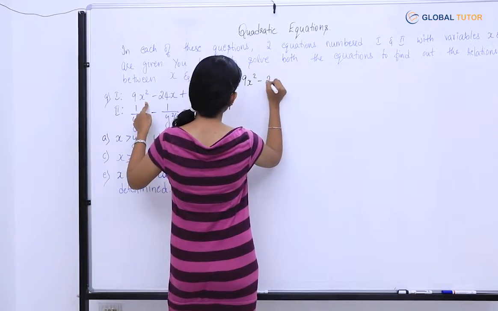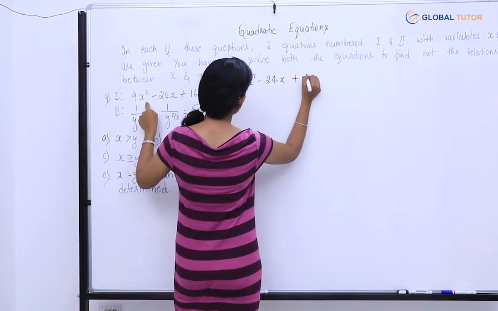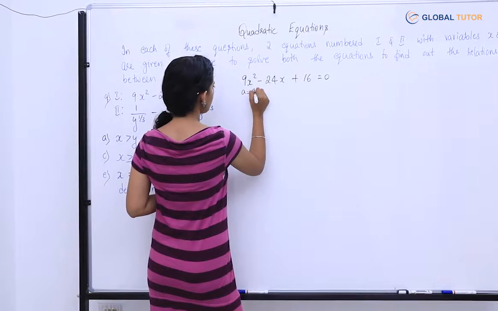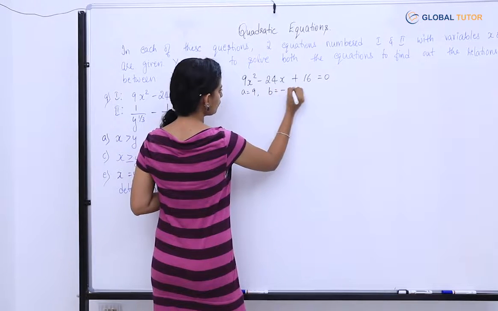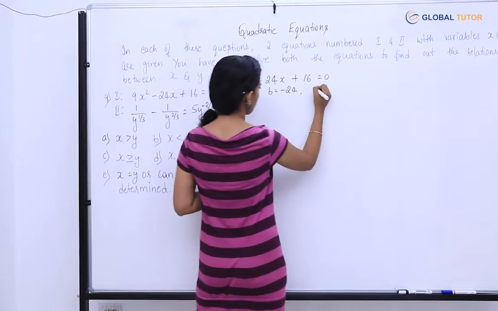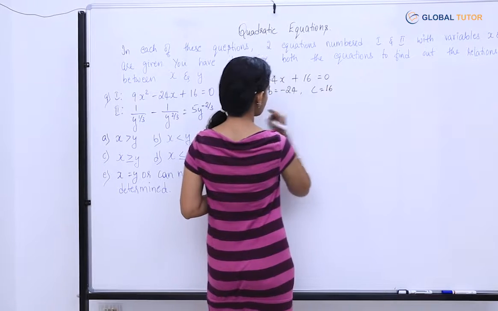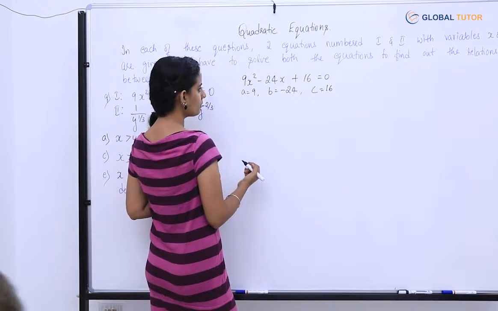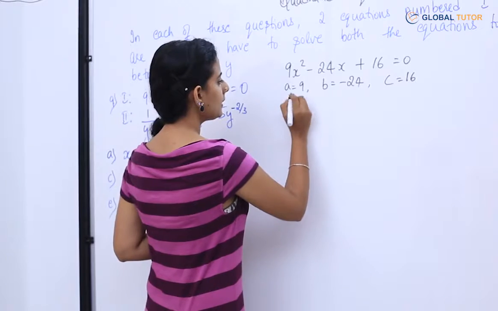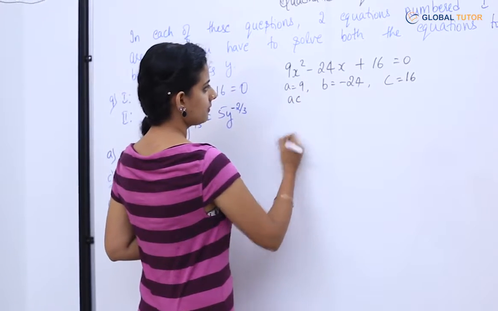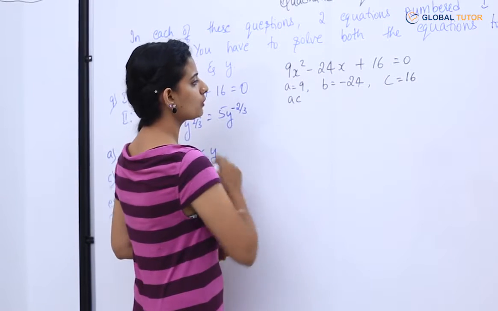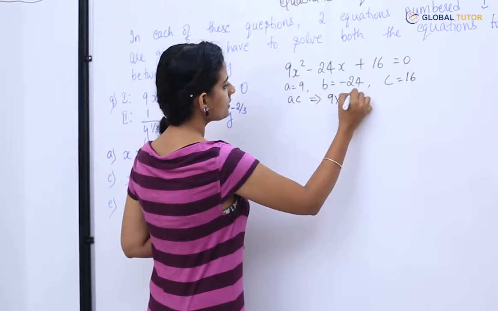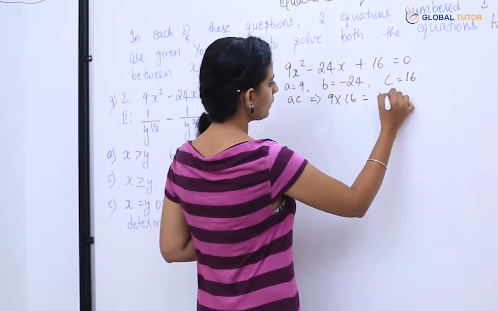9x square minus 24x plus 16 is equal to 0. Here the value of a is 9, value of b is minus 24, and value of c is 16. Now to find out the value of x, first we will multiply a and c, which is 9 into 16, which is 144.